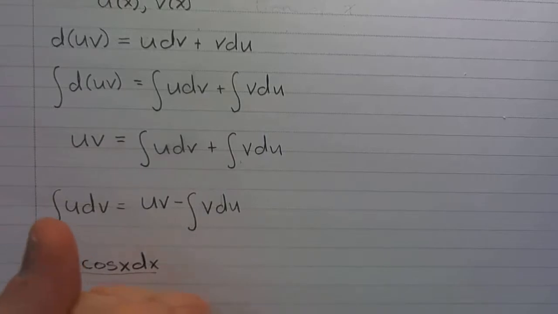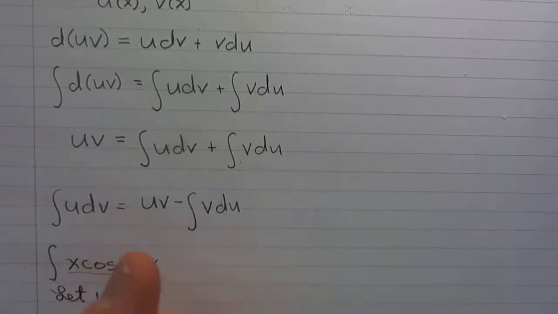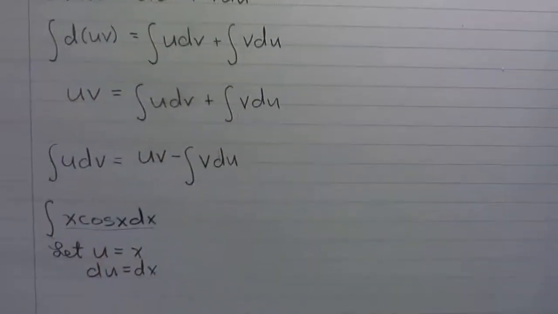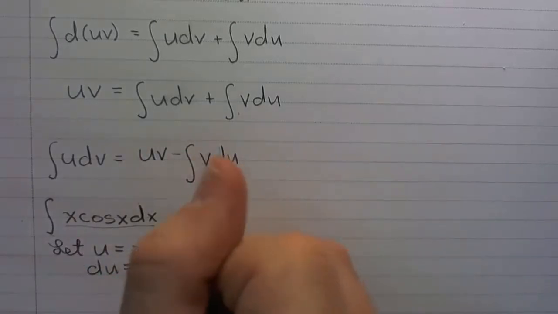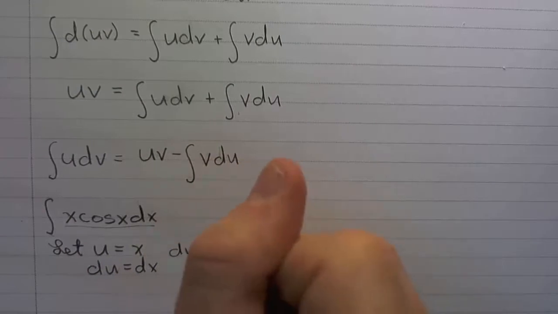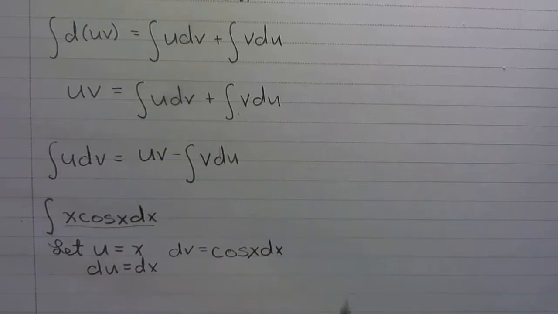I'm going to say, okay, let u be x in this case. And then immediately I say, well, then du is equal to dx. That feels an awful lot like substitution. Now, I've let u be x. Now, dv is going to be the rest of it, cosine x dx.